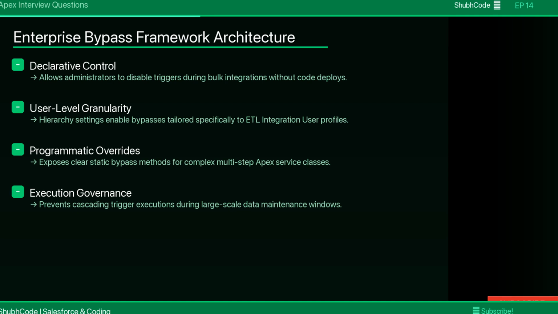In code, you write, if (Trigger_Bypass__c.getInstance().Is_Bypassed__c) return, at the entry point of your trigger framework. Furthermore, your framework should expose static methods like BypassManager.bypass('AccountTrigger') and BypassManager.clearBypass('AccountTrigger') to allow fine-grained, temporary programmatic suppressions during complex background processing.